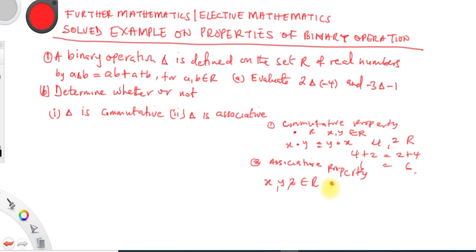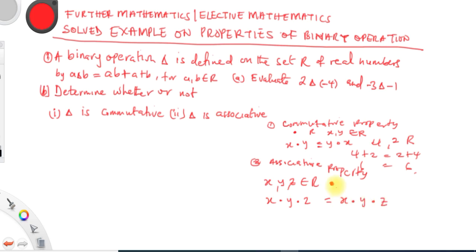Then we are saying that the operation dot is associative with respect to the set of real numbers if X dot Y dot Z is equal to X dot Y dot Z, with the grouping changed.